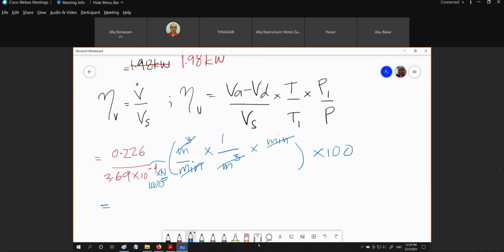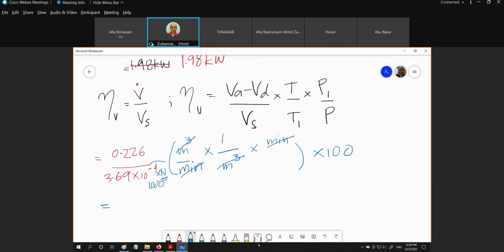Okay. So kena bagi 0.226 bagi dengan 3.69 kali 10 kuasa negatif 4 kali dengan 1000, N value untuk convertkan dia per cycle. Untuk V dot ni convertkan per cycle, ataupun you berkalikan ini dengan N pun boleh, tak ada masalah. Either one lah.